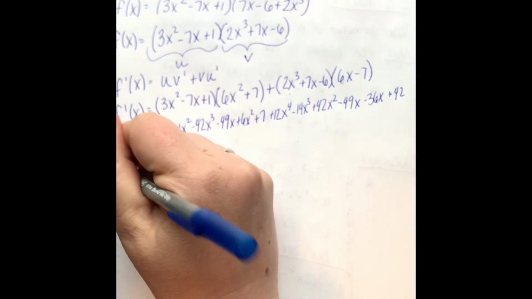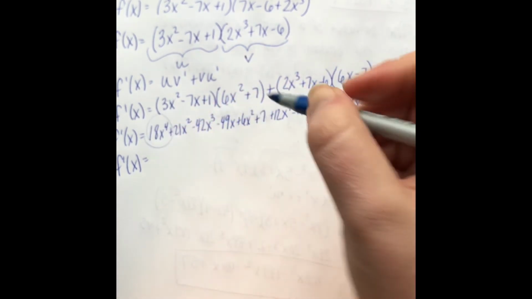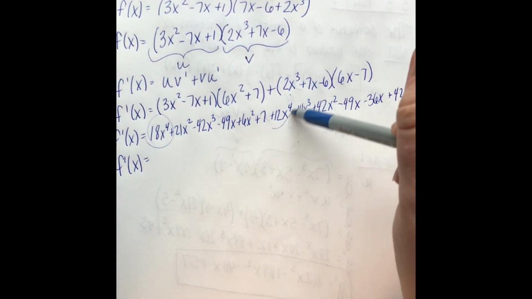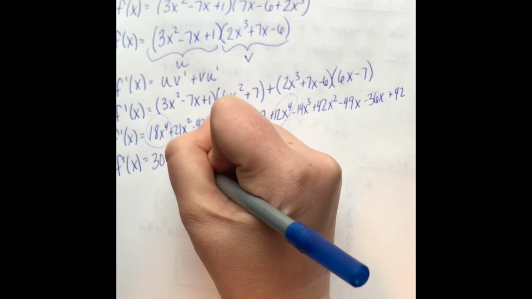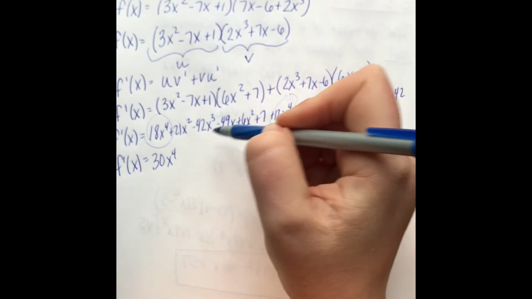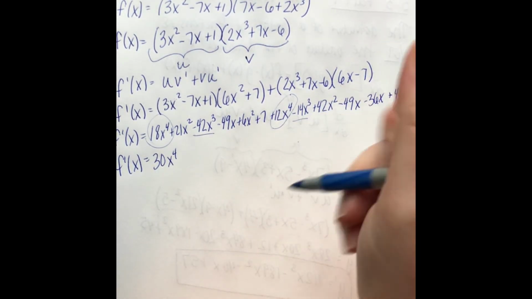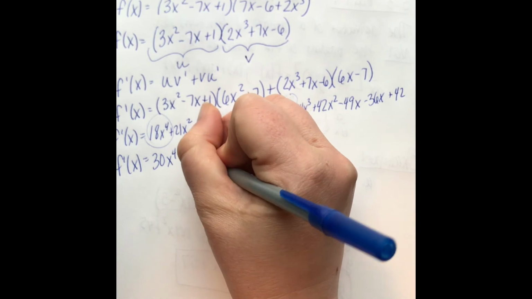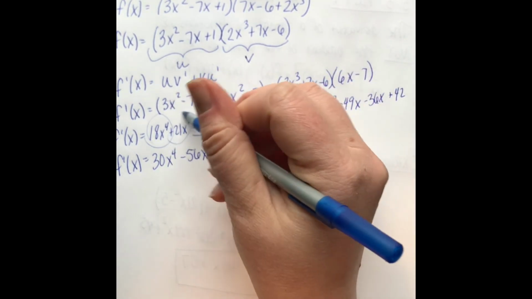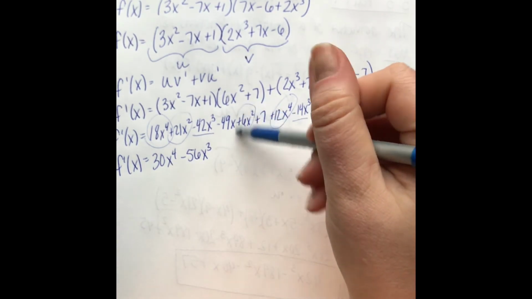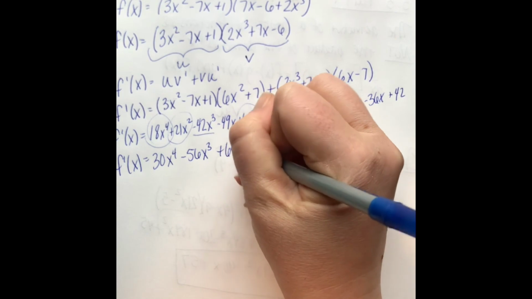Last but not least, combine like terms. F prime of x is equal to, here's an x to the 4, here's an x to the 4, so 18 plus 12 is 30x to the 4. We have negative 42x to the 3, negative 14x to the 3, minus 56x to the 3. 21x squared, 6x squared, 42x squared, plus 69x squared.